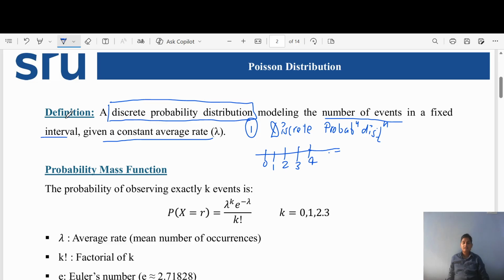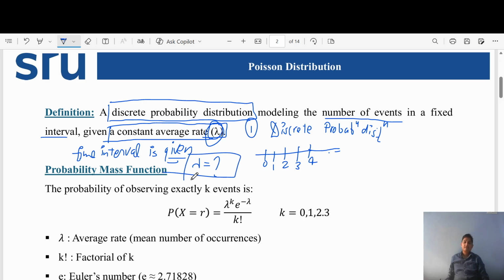There is always a time interval given, and if a time interval is given, then you apply the Poisson distribution. A constant average rate of happening of an event is also mentioned in the question. So these three things are given.